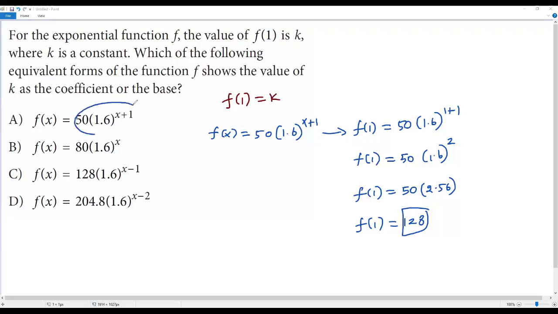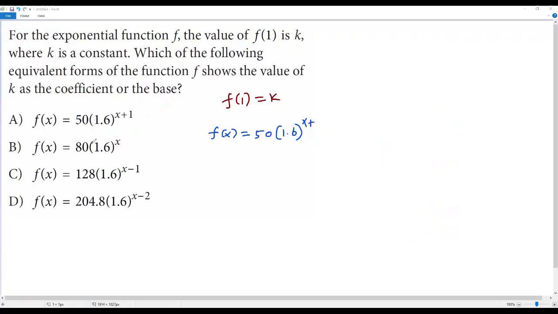Actually, we don't find 128 over here. So we can reject option A.